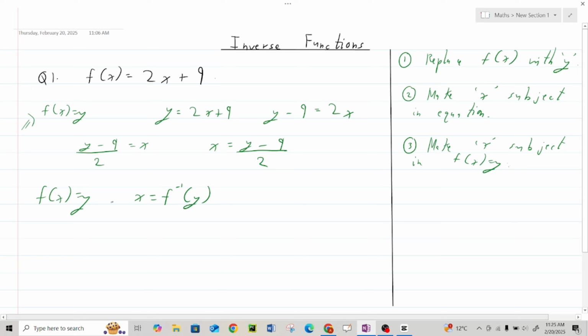What do I do now? I replace this. Replace x equals f inverse of y in the equation. That means this x goes over here. So I'm going to have f inverse of y equals (y minus 9) divided by 2.